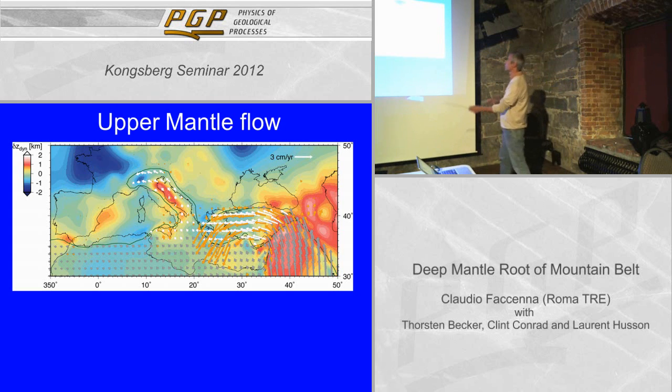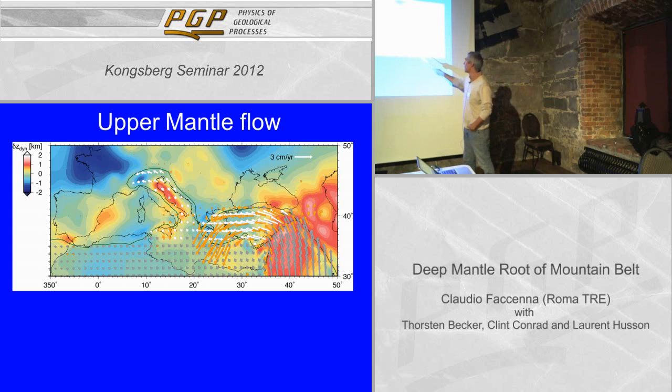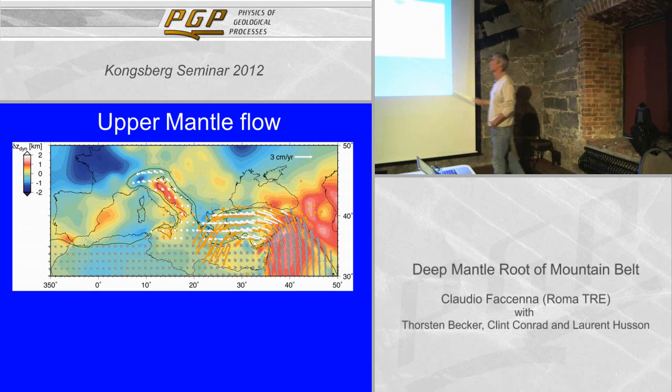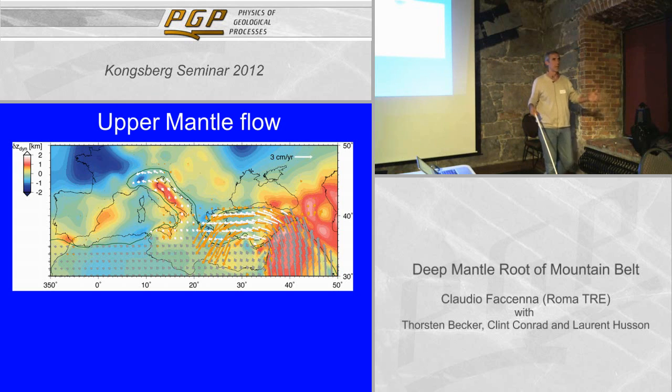Again, the orange are the GPS, the gray are the velocity of Africa and Arabia, and the white are the result of our model. So those two macroplates, Anatolia, Aegean, and Adria, are left free to do whatever they want. The gray are the plate boundaries, and the background color represents the upwelling and downwelling areas, basically the dynamic topography.